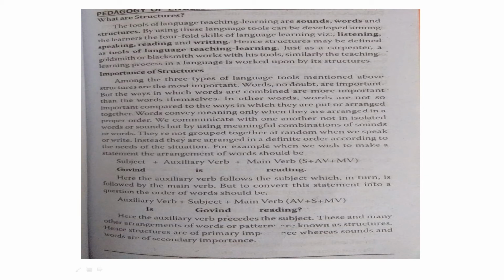Auxiliary verb is, subject is Govind, main verb is reading. Is Govind reading? Here, the auxiliary verb precedes the subject. These and many other arrangements of words or patterns are known as structures. Hence, structures are of primary importance, whereas sounds and words are of secondary importance.